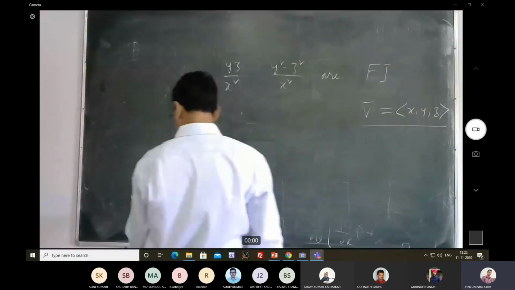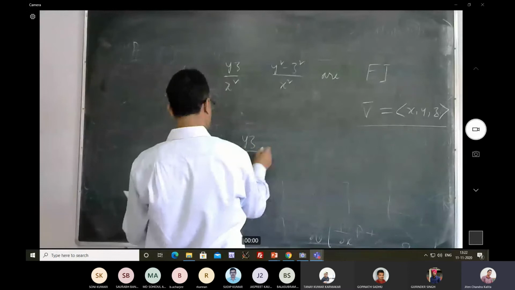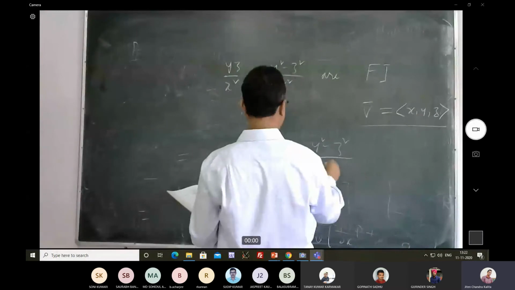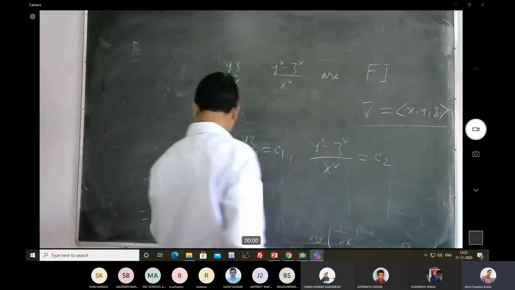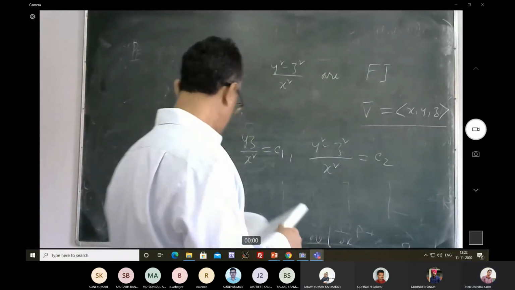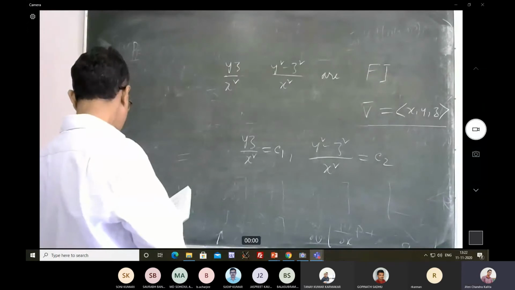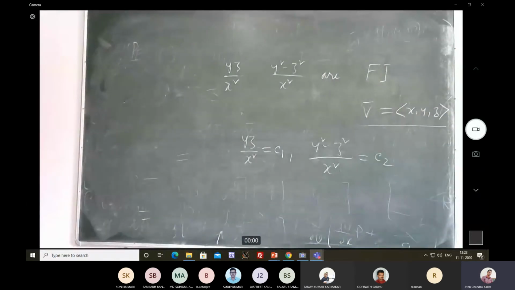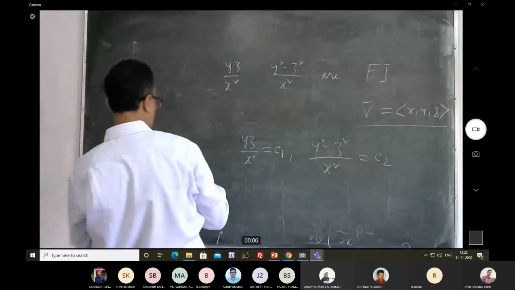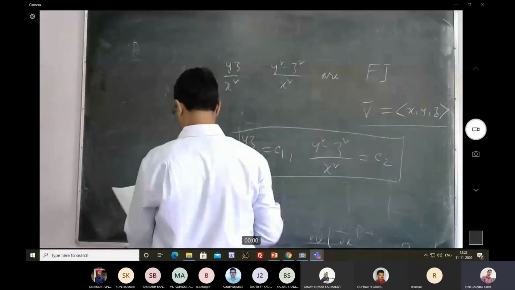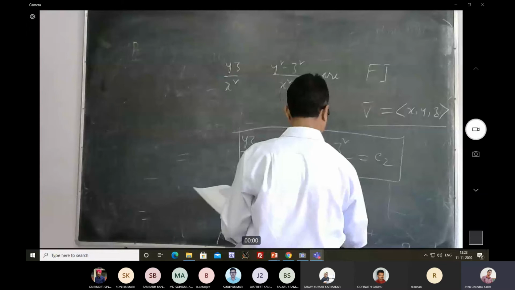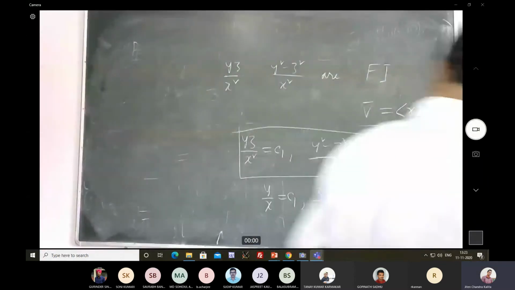Okay, and then you have to verify that yz by x squared equal to c1 and y squared minus z squared by x squared equal to c2 describes the same two-parameter family of curves in omega, but that omega still hasn't been given to you. That is okay. Fine. I got it.